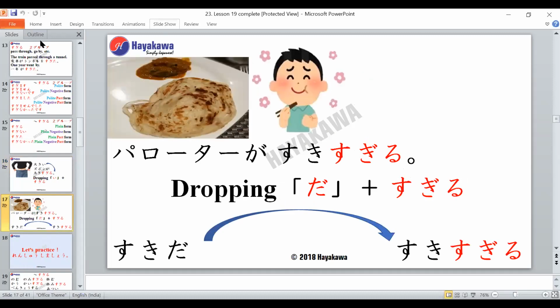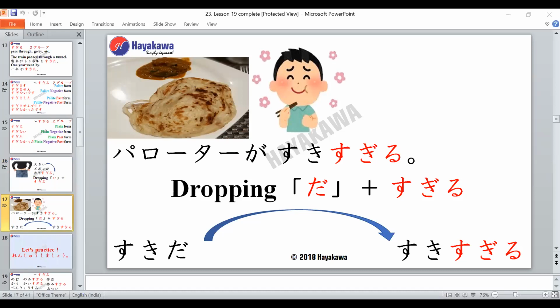So the next one we have is parota ga suki sugiru. I like parota too much or I like parota a lot. We are using it with a na-keiyoushi right now, right? So suki da is your na-keiyoushi. And when we use it with sugiru, it becomes suki sugiru.